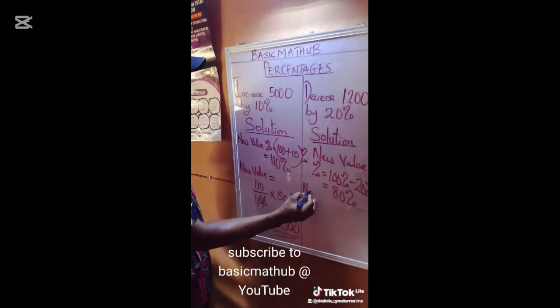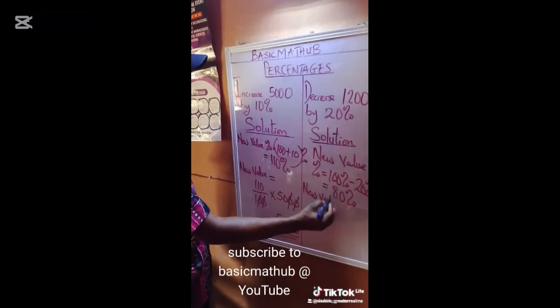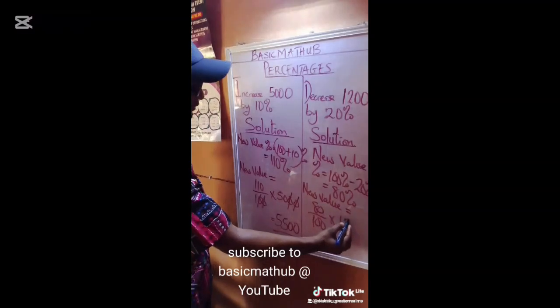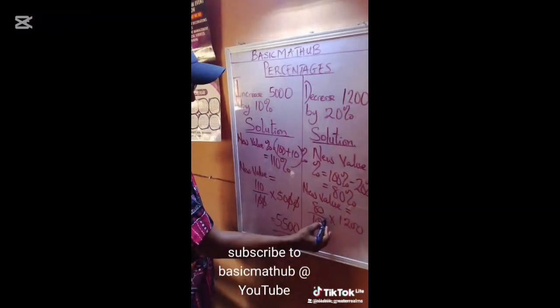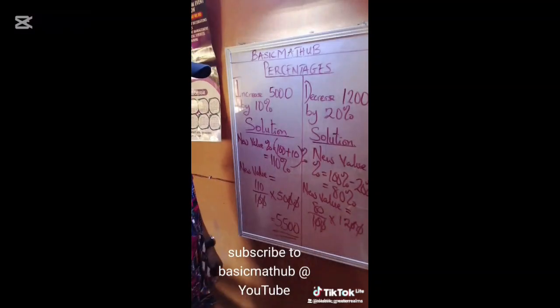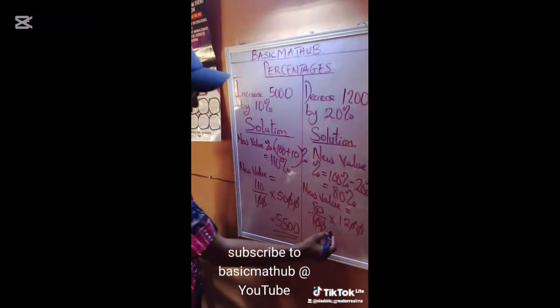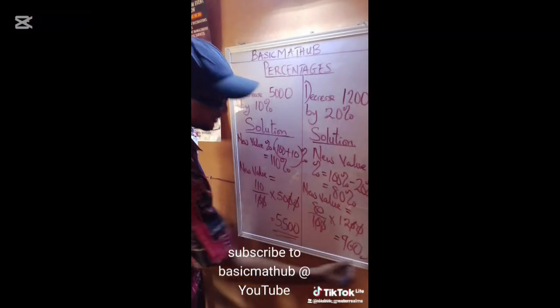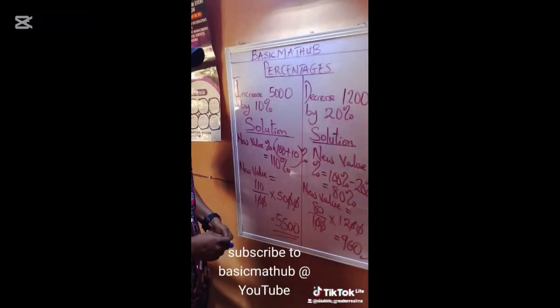So our new value will be equal to 80 over 100 times 1,200. So 0 cancels 0, 0 cancels 0. We are left with 80 times 12, and that should give us 960. Hope you get that. So when you're asked to increase and decrease, that's the shortest way.